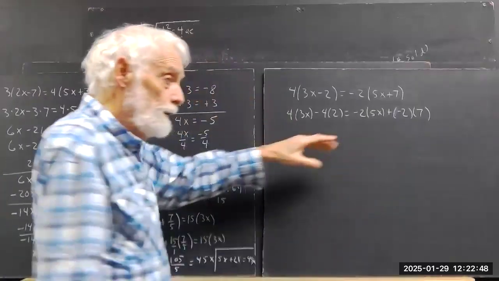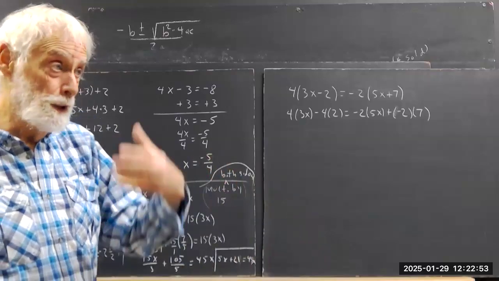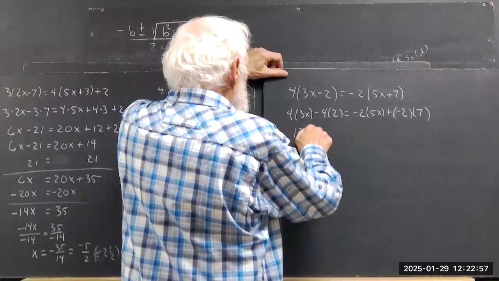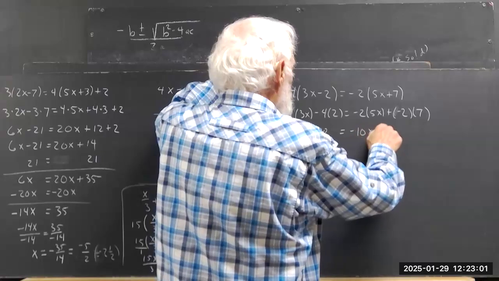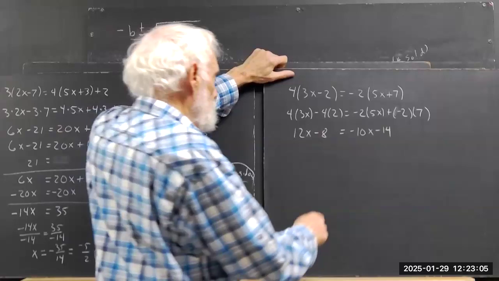And you get used to this. You'll have practice with the distributive law, and it won't take you long to get it because you're already getting it. And that gives us 12x minus 8 equals negative 10x minus 14. That multiplication ought to be straightforward.